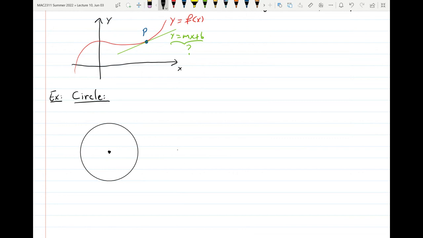As you know, when we have a circle, there is a center, and the circle also has a radius. Now let's say that we have our point P somewhere in here, and a theorem from geometry allows us to define the tangent line to a circle at a point, because the tangent line is the only line that touches the circle at P and at the same time is perpendicular to the radius.